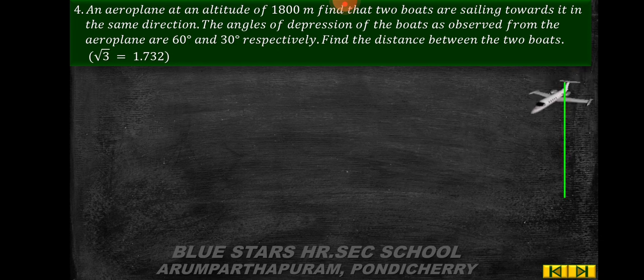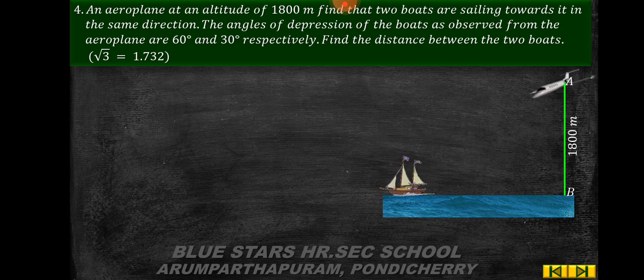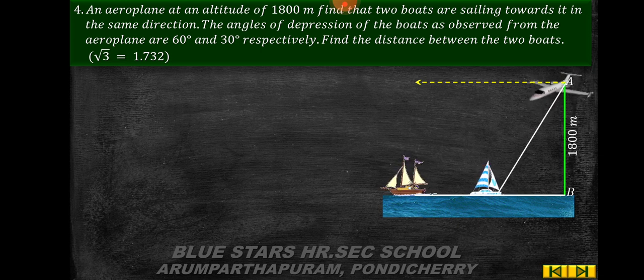So there is an aeroplane, the height from the sea level is 1800 meters. There is one boat and another boat. The angle of depression from the aeroplane to the first boat is 60 degrees.